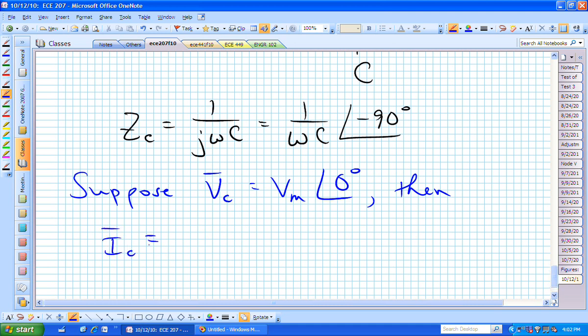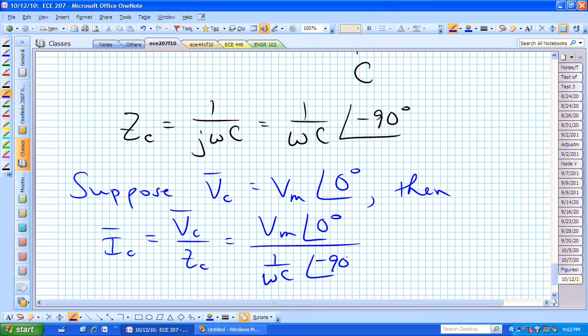Then we can find the capacitor's current as the voltage across that capacitor divided by the impedance of that capacitor, and that's now going to be V sub m at 0 degrees over 1 over omega C at minus 90 degrees.